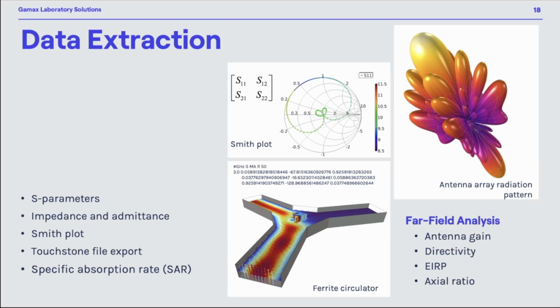You can plot the excitations, whether they are in plane or out of plane, so you can set up very nice visualizations for that. And you can also create a Touchstone file export. Sometimes it's really useful to investigate your results further and import other solutions.